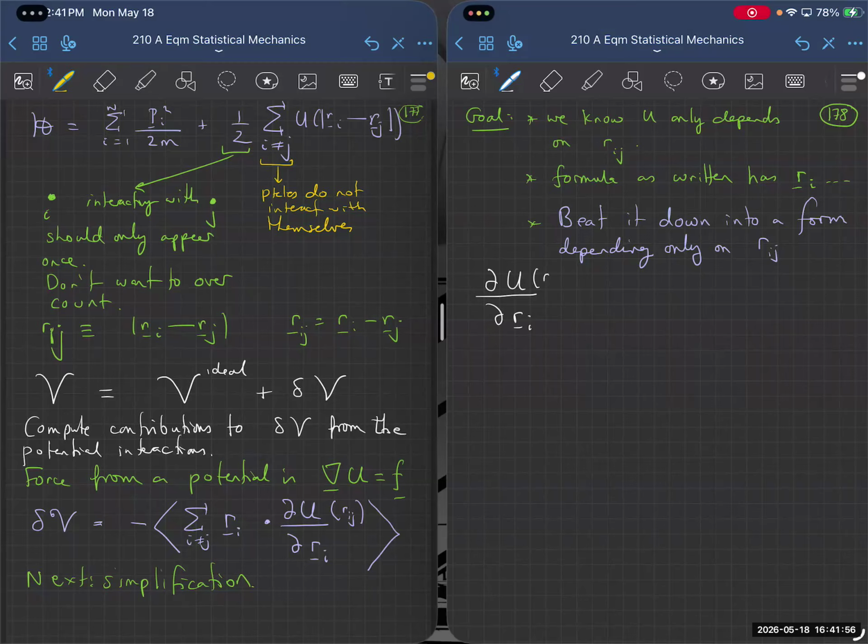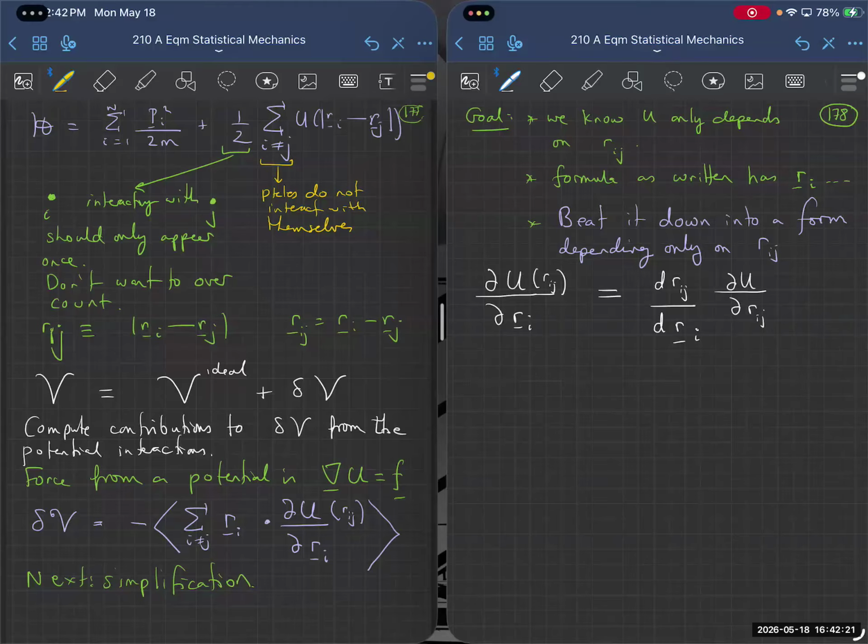U depends on the scalar quantity Rij. And I can write that as du by dRij, the scalar quantity, times dRij by dRi, and that is a vector.